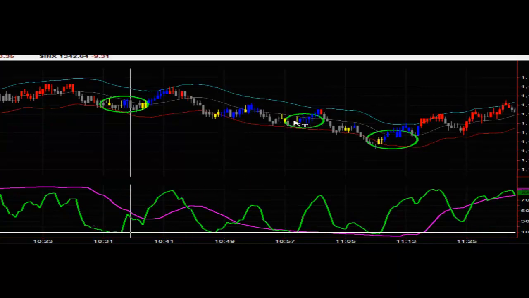Now this possibly could have been a losing trade, but again, this is a fairly good signal here in that we've got the purple RSI meeting right at the 10 with the green RSI meeting at the 10 level as well. And I'm marking this because it is a signal based on our rules. So whether it was a good trade or bad trade, I want everyone here to see the good and the bad.